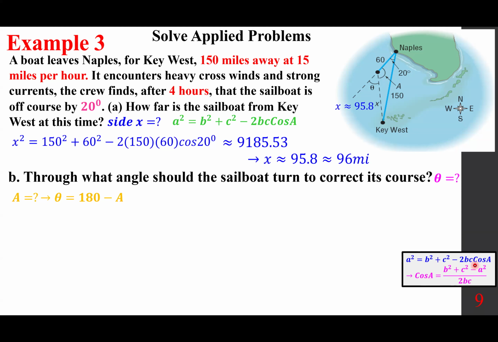And so since you want A, the side opposite that, 150 squared, would be this one squared and this one squared, 95.8 squared plus 60 squared minus 2 times the product of the two and cosine A.